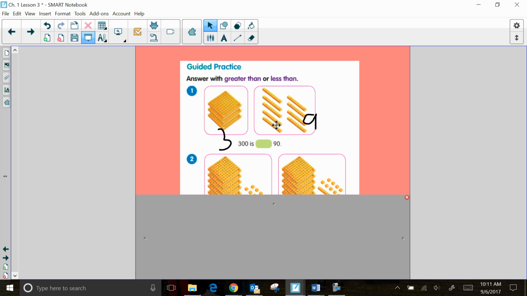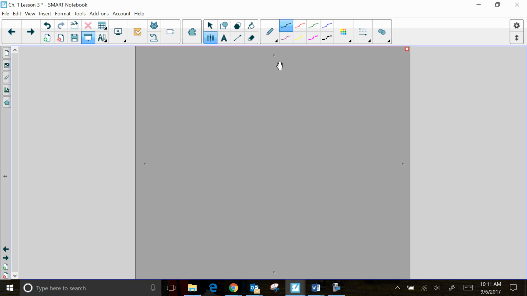So 300 is, oh, I see what we're doing. 390. We're going to compare each of these red boxes. Which is greater, 300 or 90? 300 is greater than 90, so the alligator mouth eats the 300.